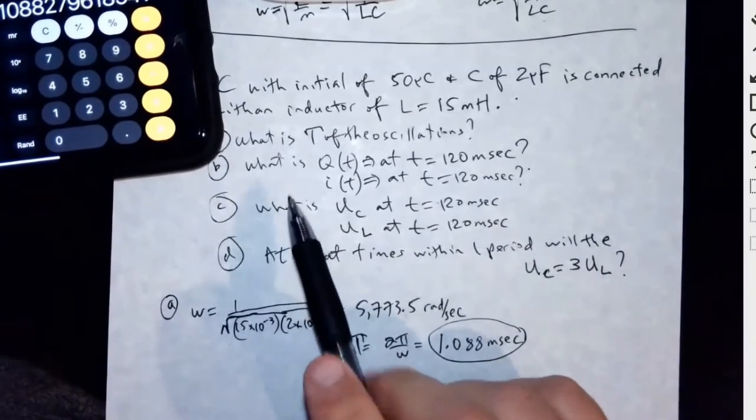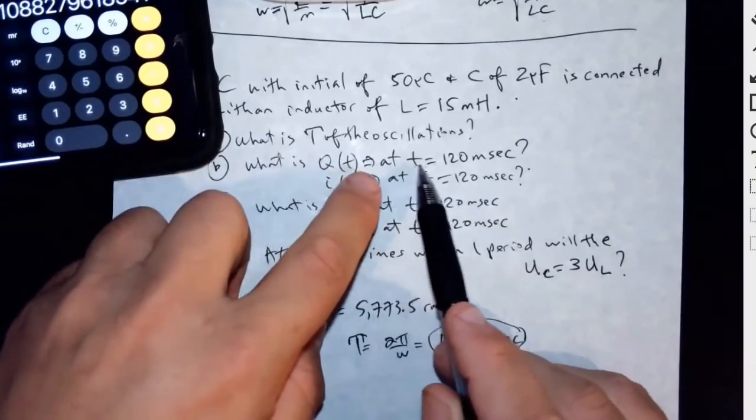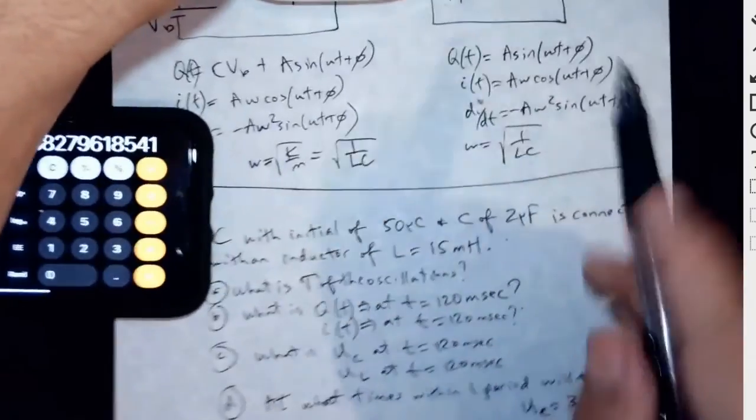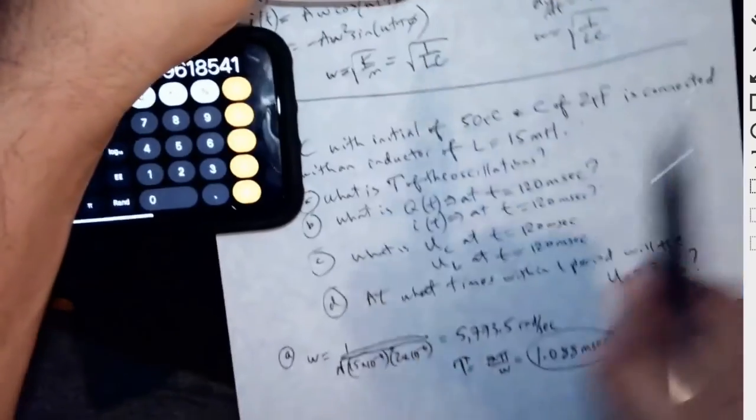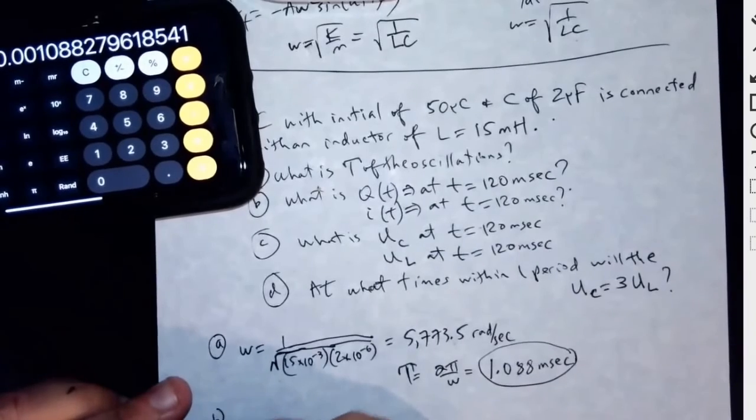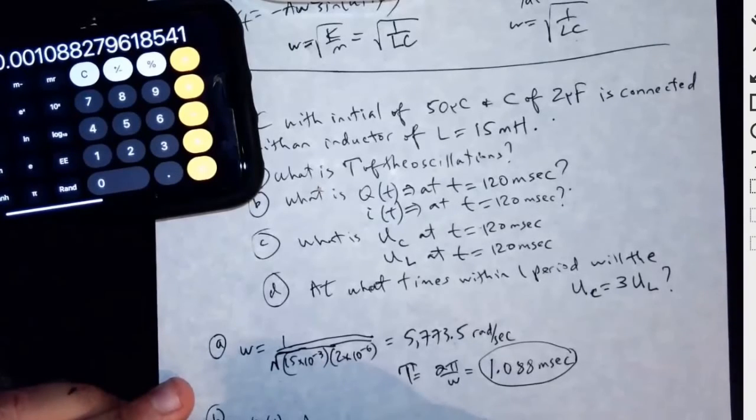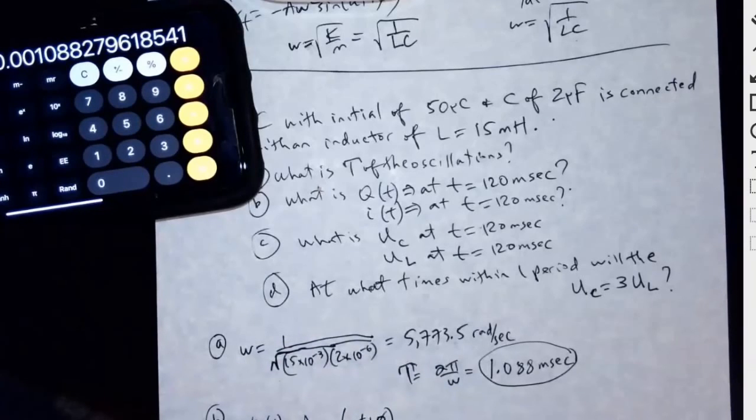Okay, so now what is Q of t at t equals 120? What's the equation for Q? A sine of omega t plus phi. What are the initial conditions in our case?